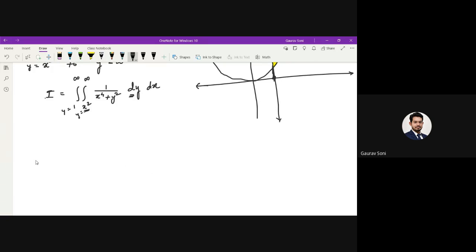Fine. So we will look at this now. Area. This is the application of double integration. Application of double integral.